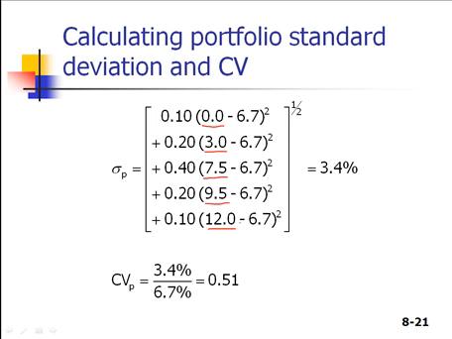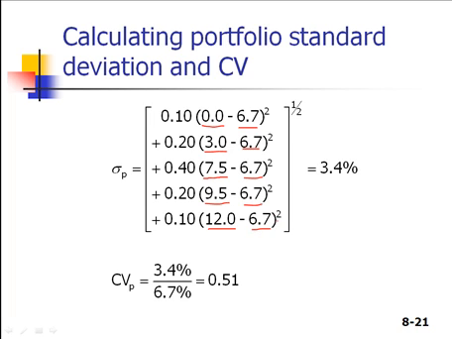And in each case, we're going to subtract off the expected return on the portfolio, which of course is just 6.7%. So what we're doing is taking each possible realized outcome and subtracting off the average or the expected outcome of 6.7%.